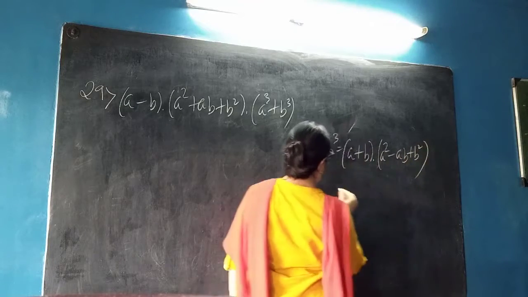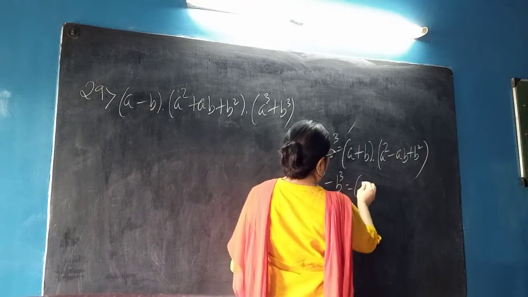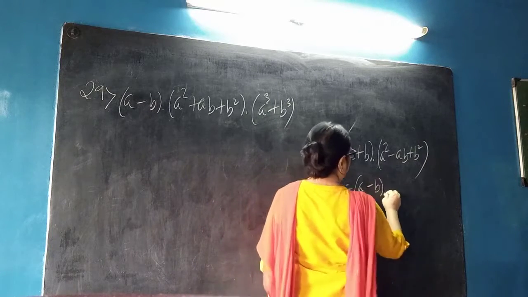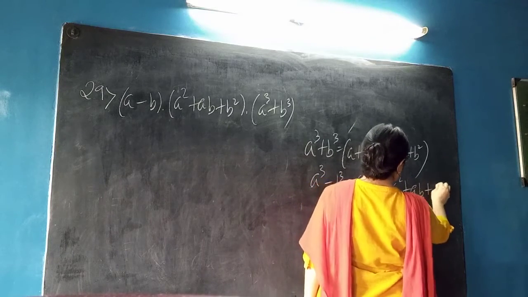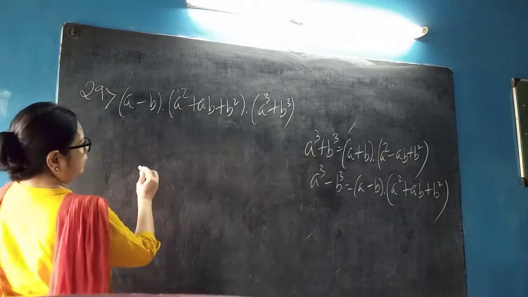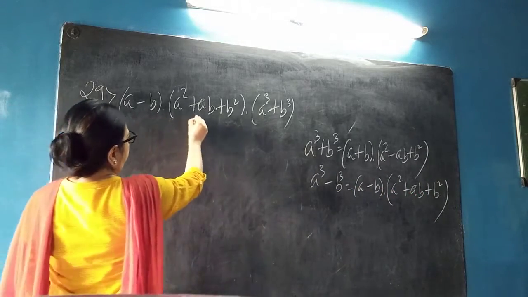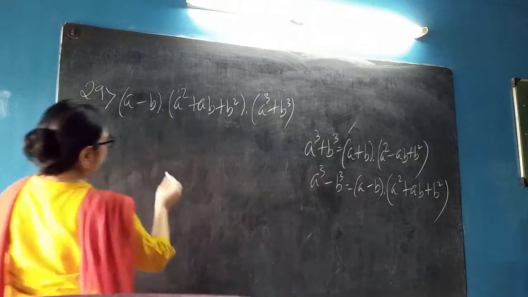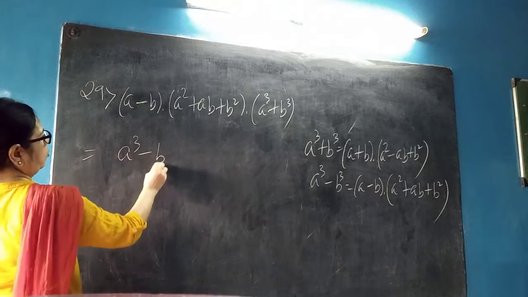This is the formula. And a cube minus b cube means a minus b into a square plus ab plus b square. Clear? So here you see it is given in that form: a minus b into a square plus ab plus b square.